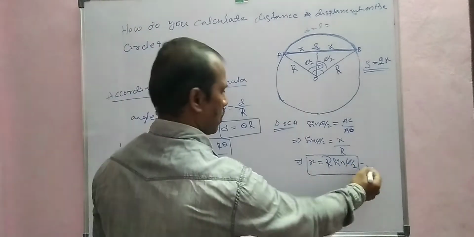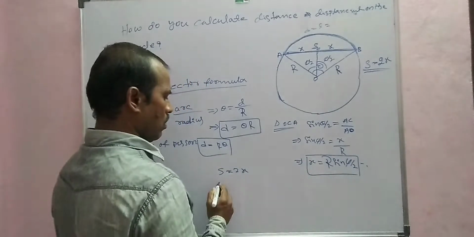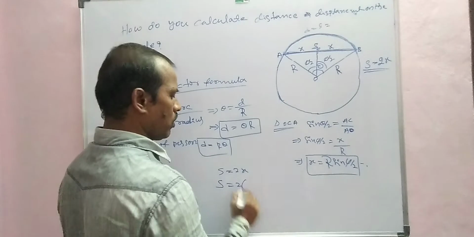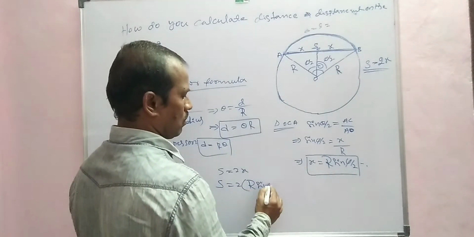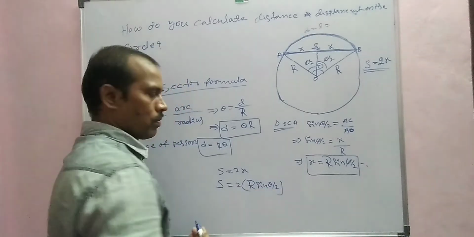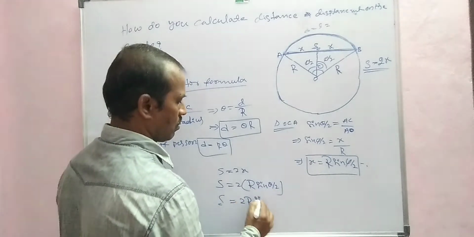Substituting the x value here, the displacement of the person is 2 into r sin theta by 2. So S is equal to 2r sin theta by 2.